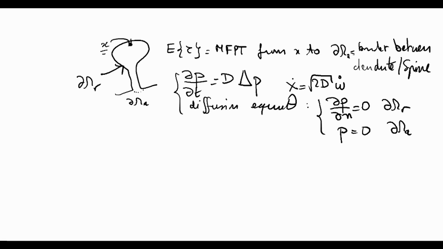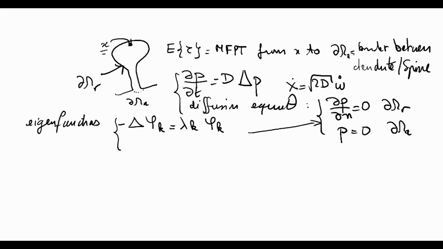And the general solution can be expanded using the eigenfunctions and eigenvalues for such a domain, phi k. Those are the eigenfunctions associated with the boundary conditions defined here.